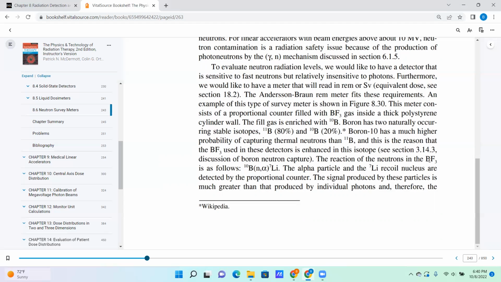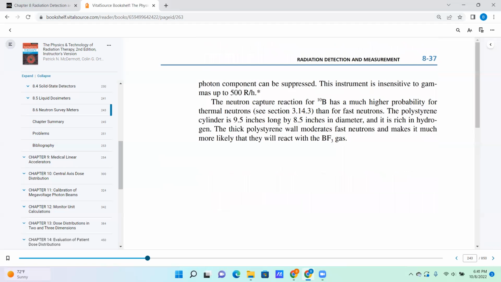The reaction of the neutrons in the BF3 is as follows. The alpha particle and the lithium recoil nucleus are detected by the proportional counter, and the signal produced by these particles is much greater than that produced by individual photons, and therefore the photon component can be suppressed.